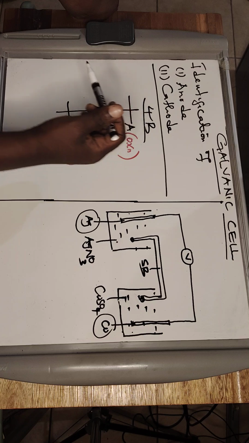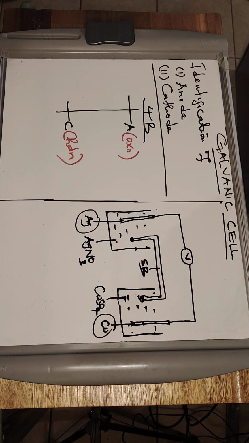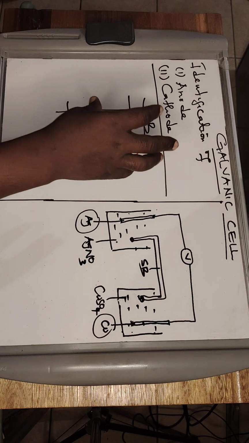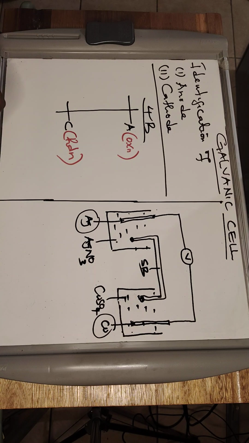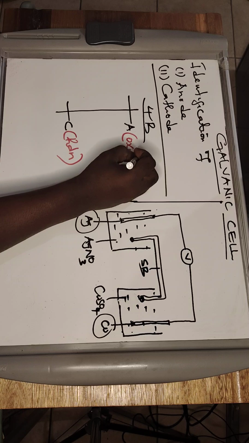Because you remember when you are looking at table 4B, we said that elements at the top are strong reducing agents. And a strong reducing agent, when it comes to redox, undergoes oxidation. So that's why oxidation is here.